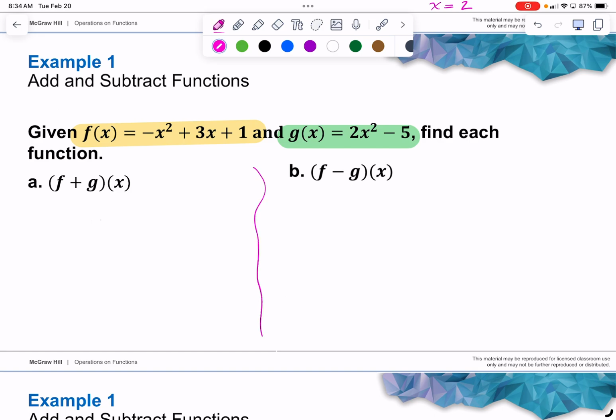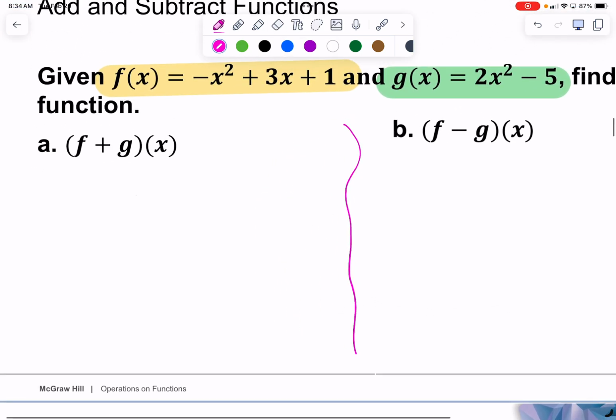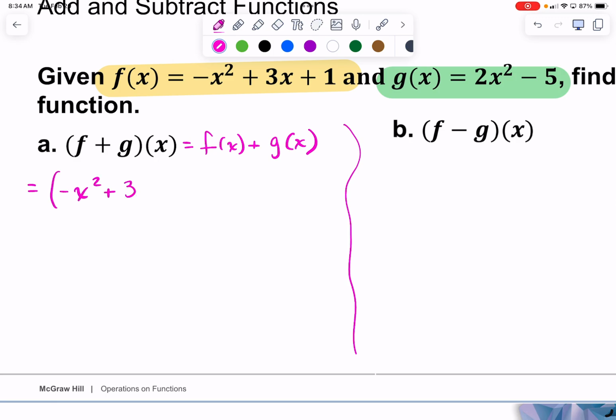So let's take a look at what that would look like. I need all of f of x plus all of g of x. So that's going to equal all of f of x, negative x squared plus 3x plus 1, added to all of g of x. Now since I'm adding, I really don't need the parentheses.